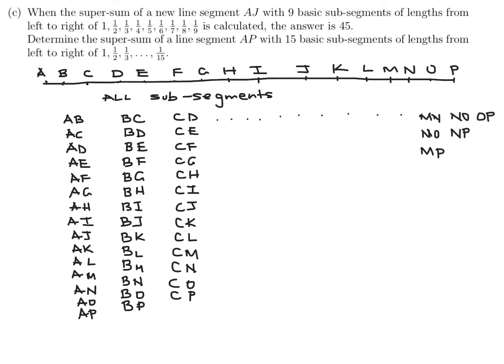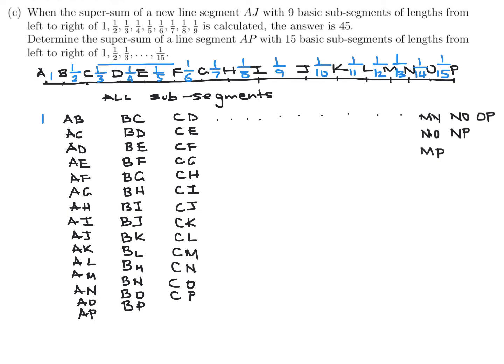Okay, so AB, they actually have given you that it's 1. And then they've given you this is 1, this is a half, this is a third, this is a fourth, this is a fifth, and so on, right? 1/6, 1/7, 1/8, 1/9, 1/10, and obviously this is not drawn to scale, but that's okay. 1/13, 1/14, and the final segment of OP is 1 over 15.